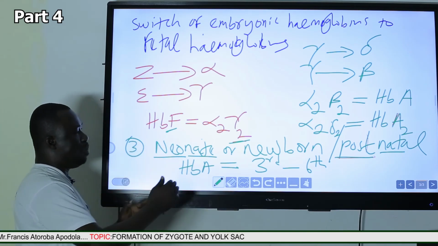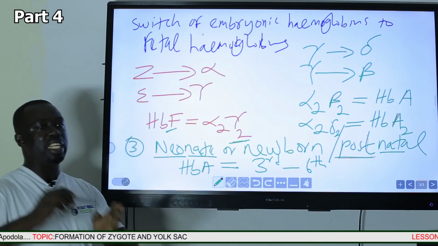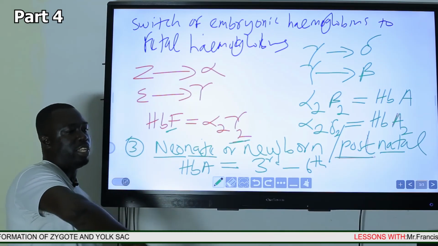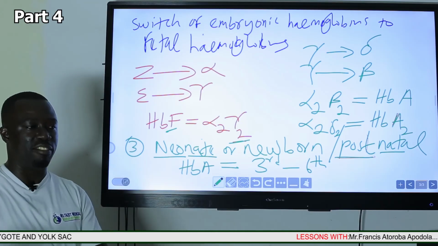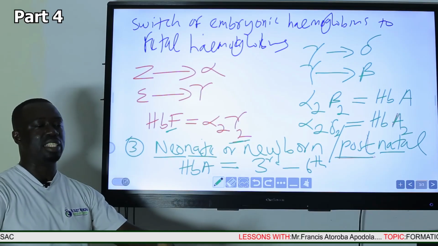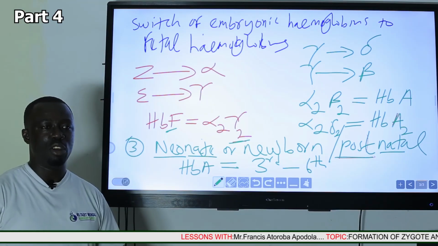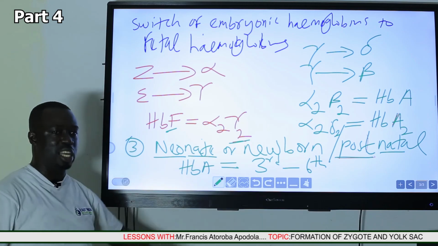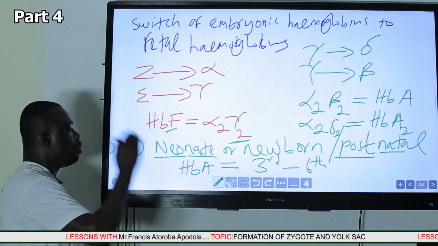But once the fetus comes out as a newborn, then the fetus is no longer in the uterus, but is now in the outside environment, and this is called the extrauterine environment. The baby has now come to the earth. So this newborn is now in an environment saturated or rich in oxygen, and therefore we do not need higher affinity hemoglobin molecules.